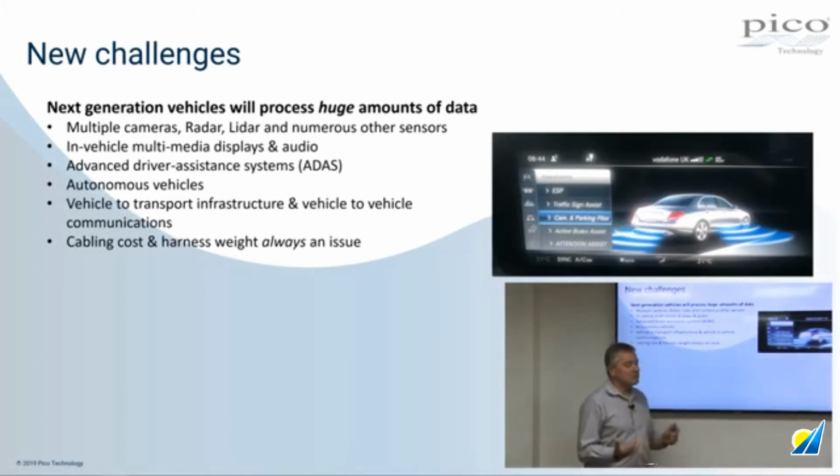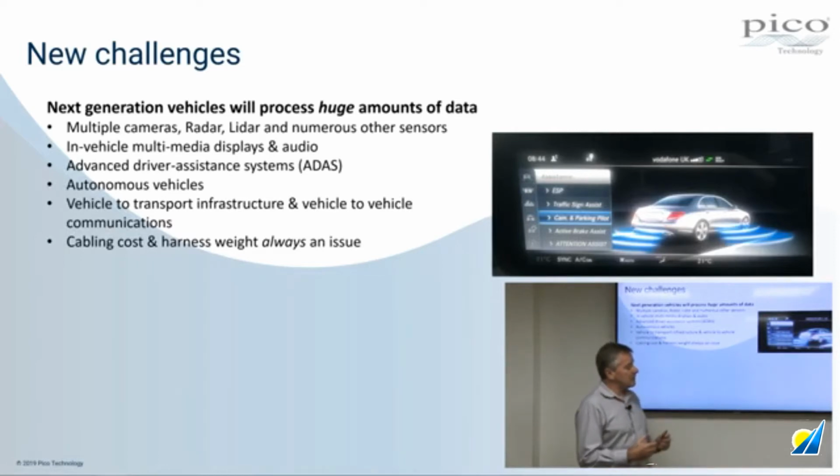So there's a whole range of driver assistance aids that are being deployed in vehicles now that use cameras, radar, LiDAR and other sorts of sensors. There is a big move, particularly as we go towards the adoption of autonomous vehicles, and there will be a huge increase in the amount of data that these vehicles will be using and processing.